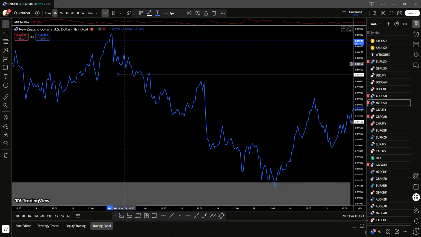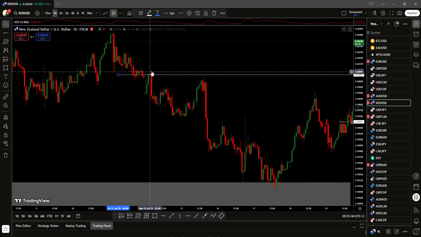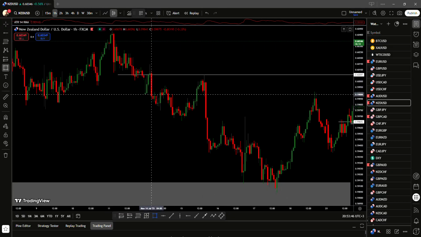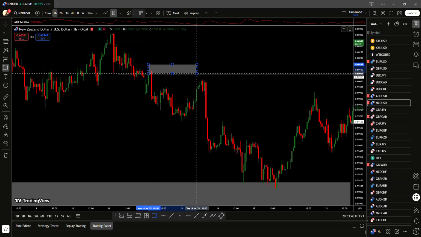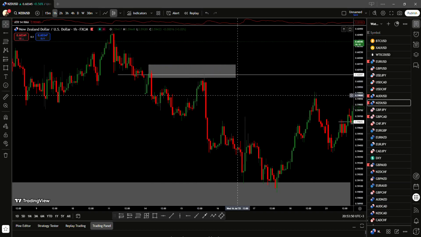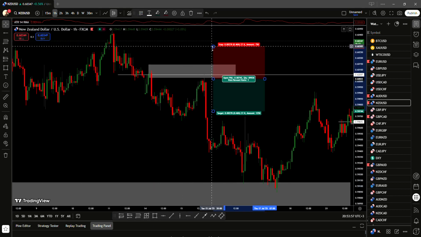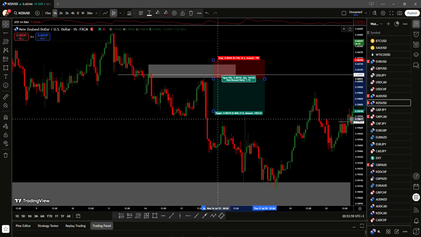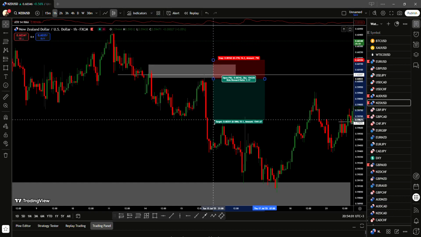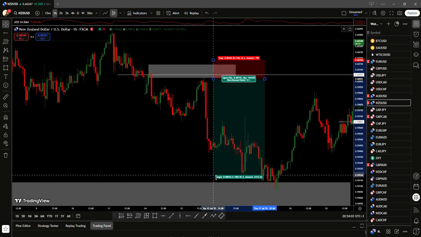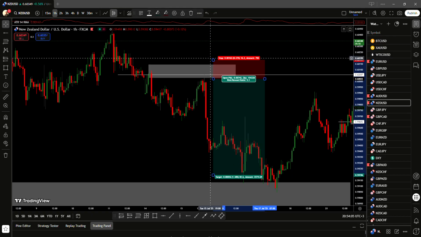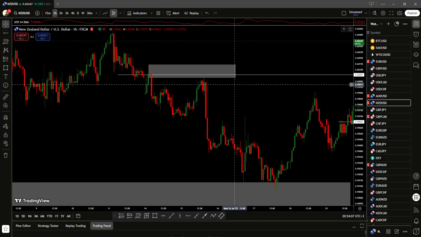So we look for a supply zone, and that area in this case is a very clear supply zone, like that. We are waiting for price to come back to this area and we sell. So our sales will look like this. Target the previous high first, 1:2, and then you can drop it to 1:5 or more.